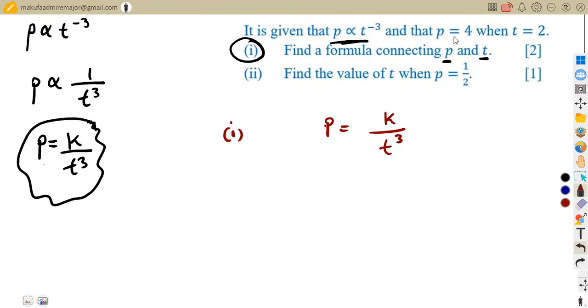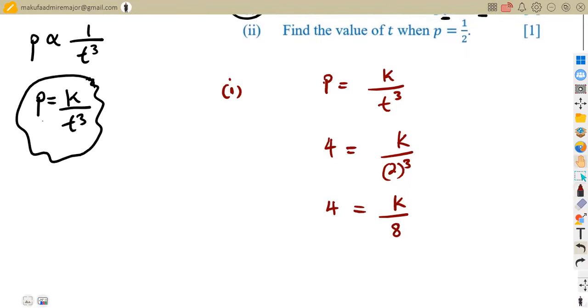We are given the value of P as 4, so 4 is equal to K over T at that moment, which is 2. So that's 2 to the exponent of 3. We are going to solve to find K. So 4 is equal to K over 2 to the exponent of 3, which is 8, 2 times 2 times 2.